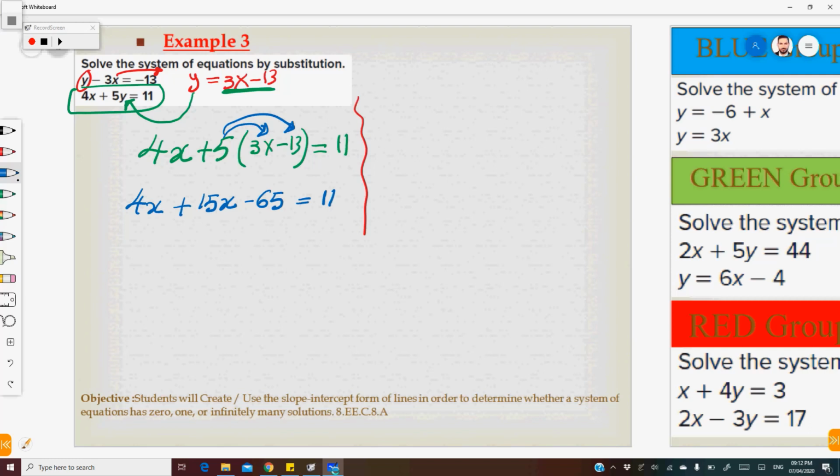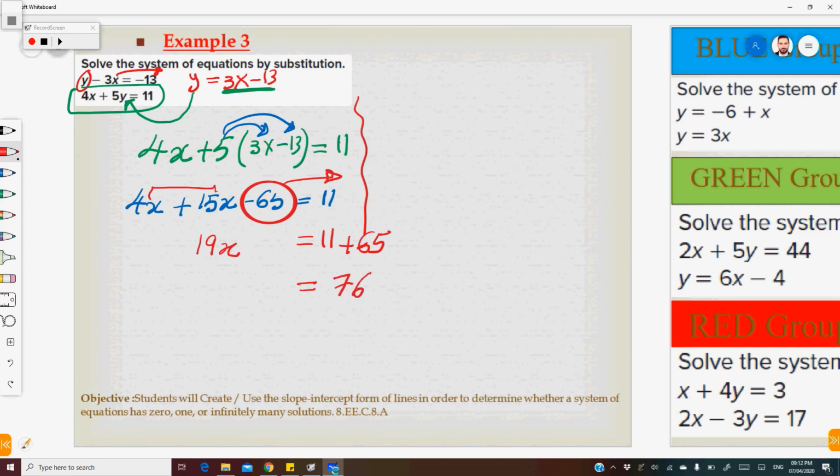Then what I have to do, I will drop number 11 here, but I will change negative 65 from the left-hand side. I will put it positive 65. And I will combine 4x plus 15x. 4x plus 15x is equal 19x. And 11 plus 65 equals 76.